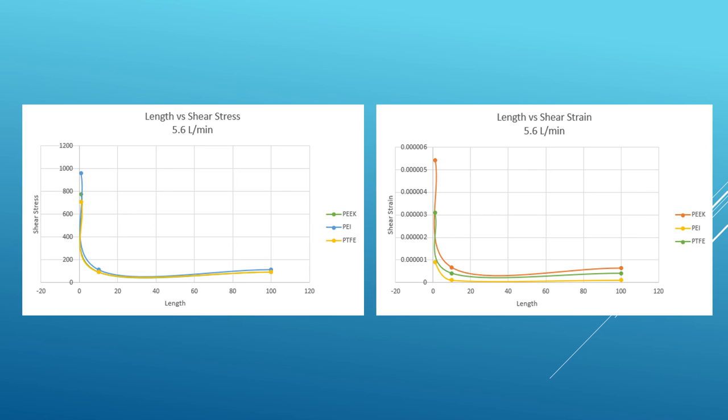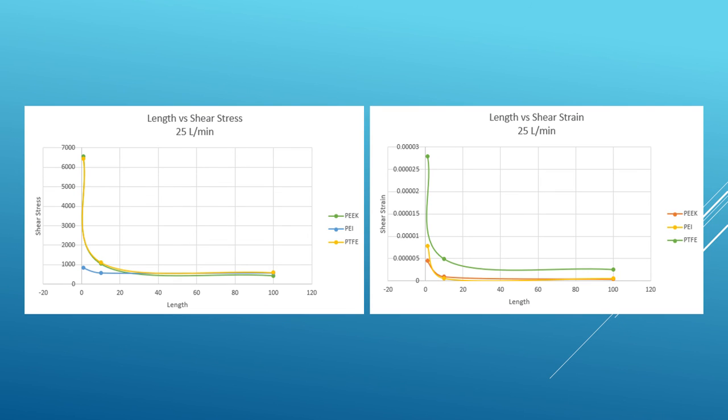The graph on the right shows a little bit of difference between the three materials, just because the strain is now the stress in comparison to its shear modulus. In this graph, we can see that PEEK is the material that shows the highest shear strain.